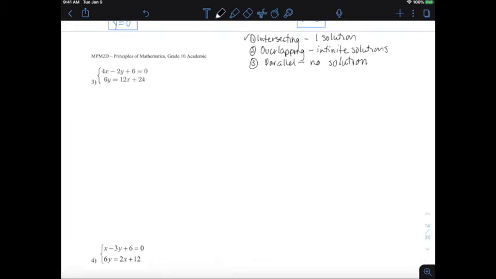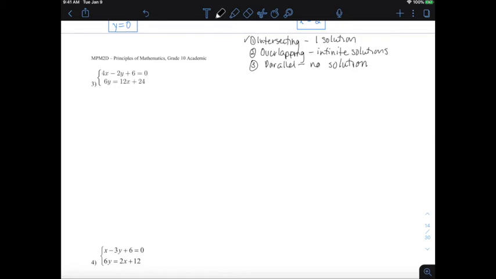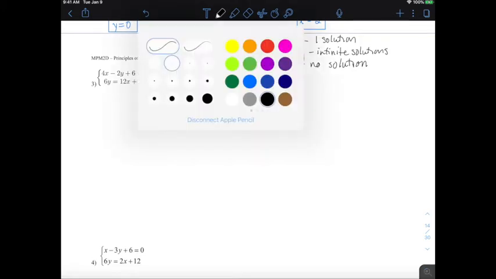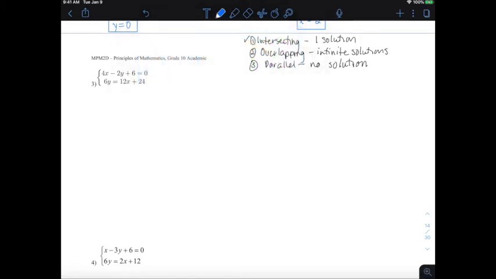Okay, so now what I want to do is I want to use substitution for this system. Now, when I look at it right now, I don't actually see any variable that has y by itself. But what I can see is that I can write these as equivalent systems.